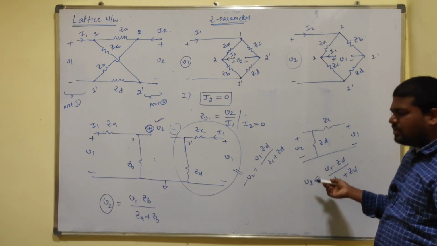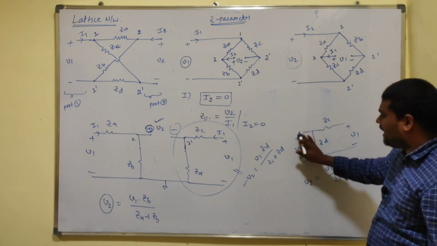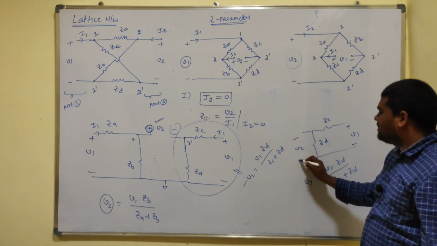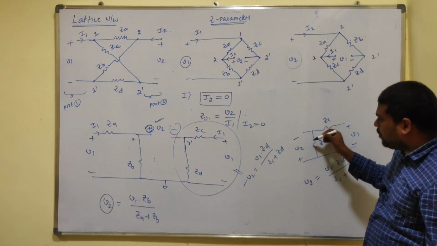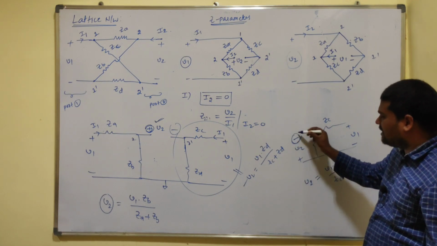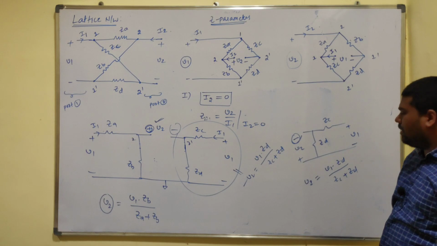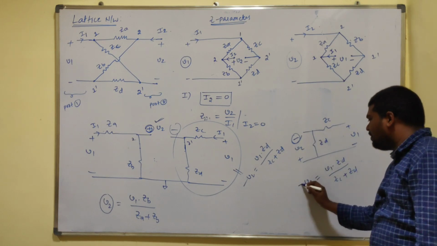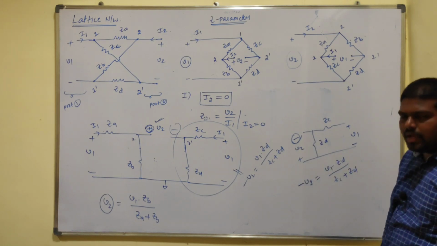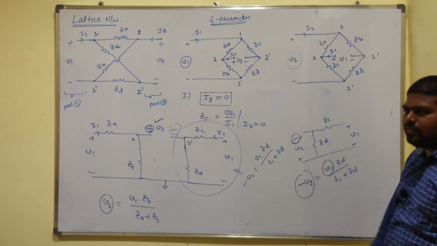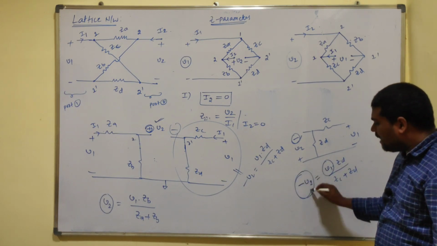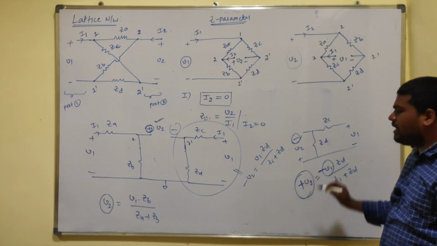This is by the voltage division principle, this is your formula. But here the indication is minus to plus. The branch voltage is starting with minus, that is minus to plus terminal. So if you are taking minus to plus, here you will get minus V2. If you are taking minus V2 here, then you will get plus V1. If you are taking plus V2 here, then you will get minus V1.